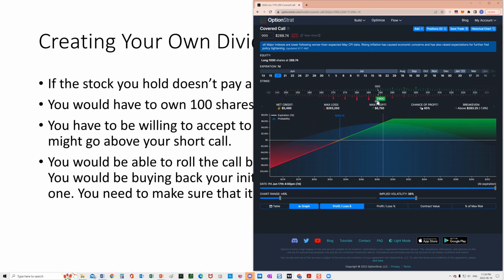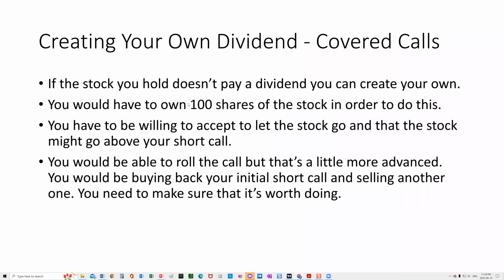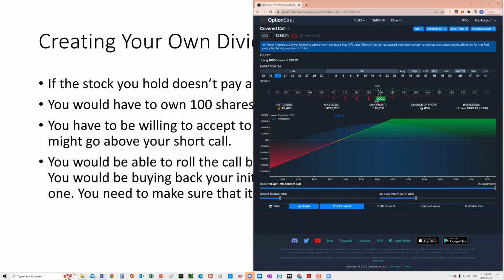Well, you're selling at 290. You can roll your contract, but it's a little more advanced, and you have to be buying back your initial short call and then selling another one. The idea with a covered call strategy like this is that you want to generate income. So you would just be continuously rolling.